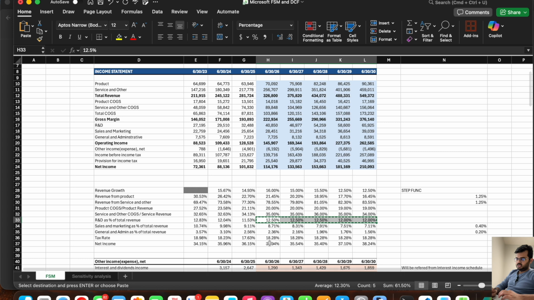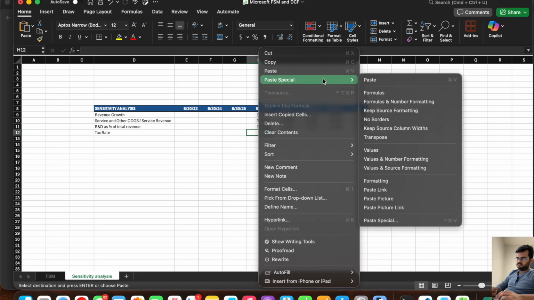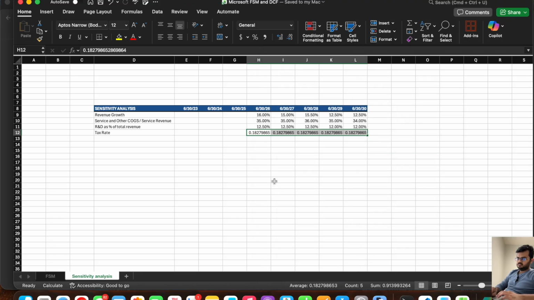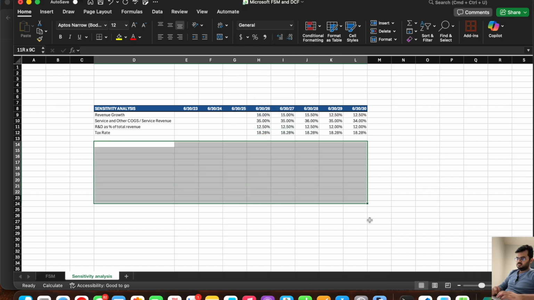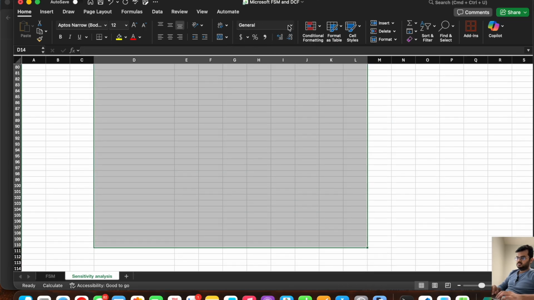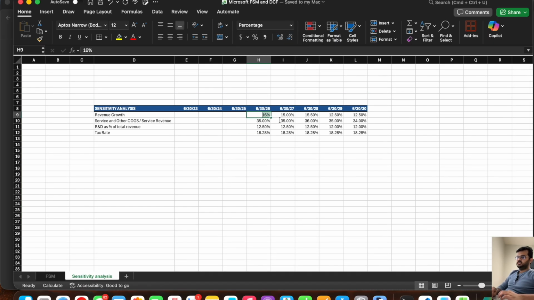Then finally our tax rate is this number. This should be in percentage. Maybe I will do this quickly. So these are all the numbers we took as an assumption for all our modeling.